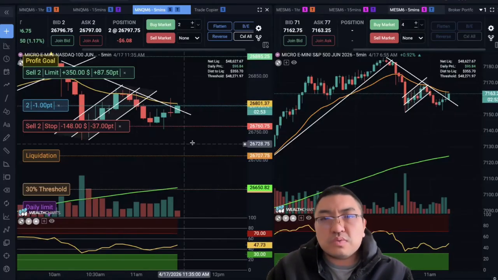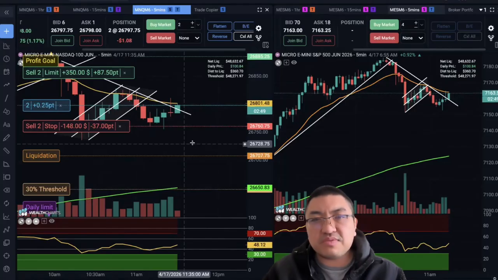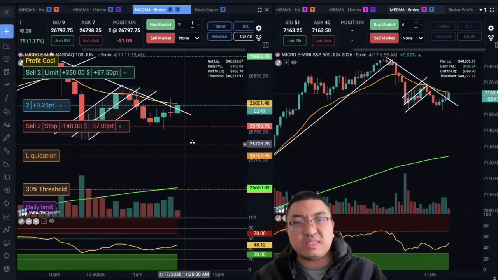Oh, let's see if it still gets rejected. If it stays above the trend line, then I'll keep the trade. Mm, stay above the trend line, please.